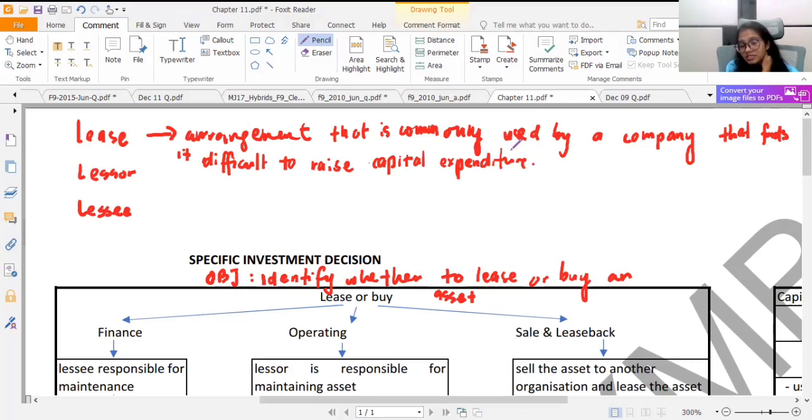For example, the company finds it difficult to raise a loan, then they will use the concept of lease or buy. All right. Now, besides that, what else do you need to know?